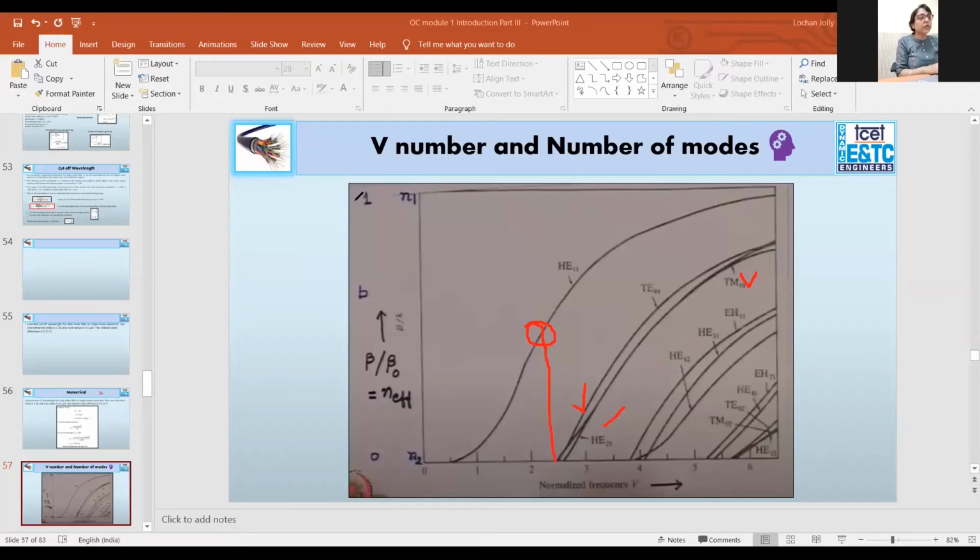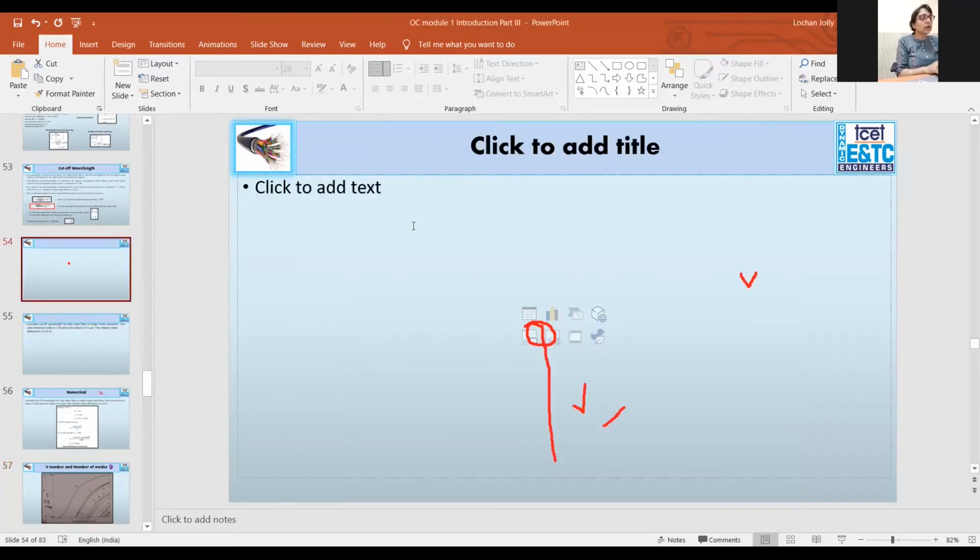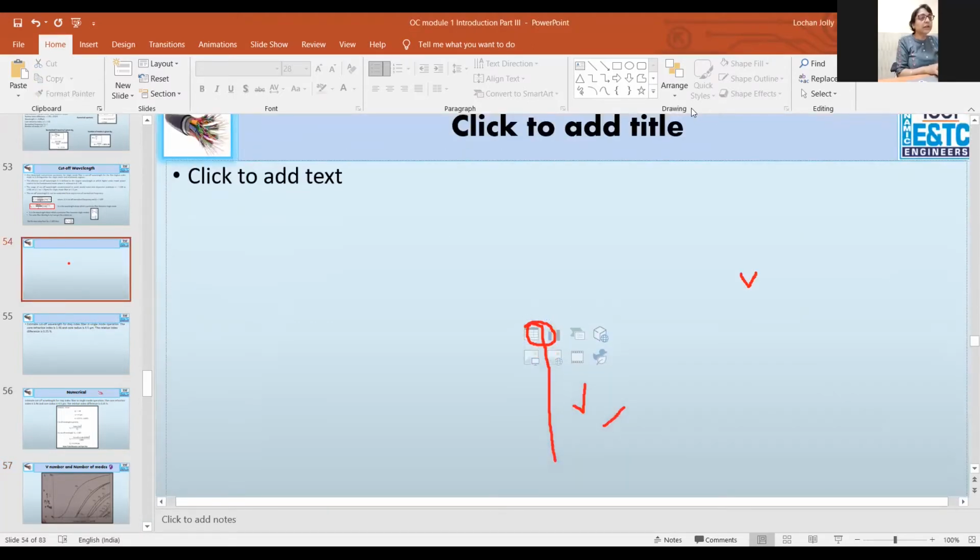Okay, so you have a particular wavelength that is called the cutoff wavelength, corresponding to a condition for a particular number of modes traveling through it.